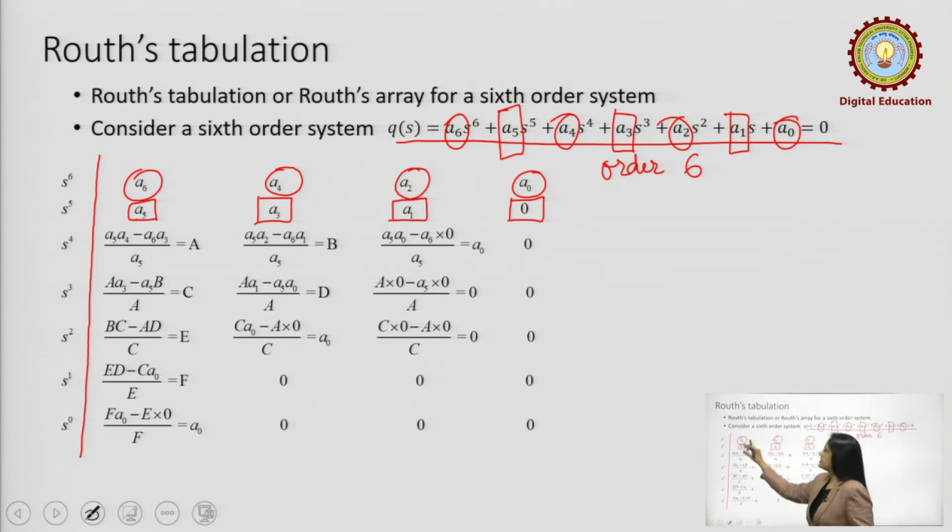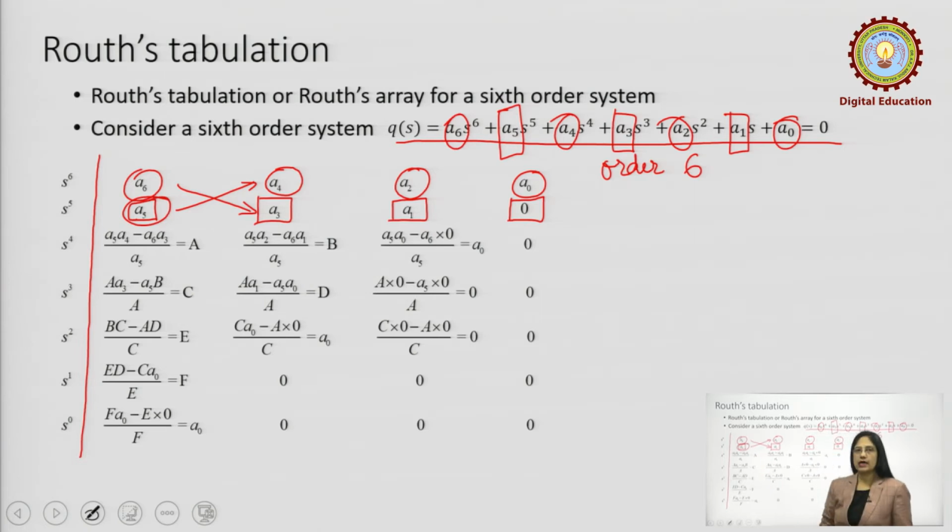Then after arranging the terms in the first and the second row, we find the value of the first element in the third row. First element in the third row is obtained by a5 multiplied by a4 minus a6 multiplied by a3, divided by this quantity a5.